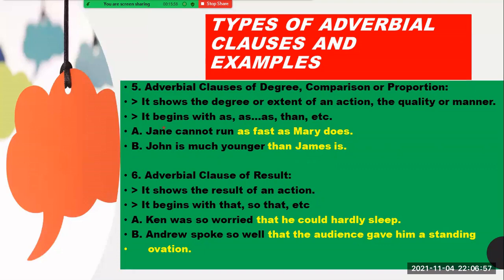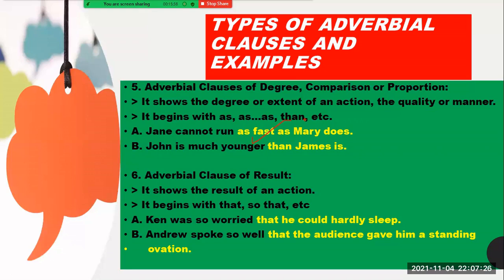Now, let's look at example A. Jane cannot run as fast as Mary does. Now, as fast as Mary does is the adverbial clause of, well, you can call it adverbial clause of degree because it shows the degree, you know, the extent to which Jane or Mary runs.